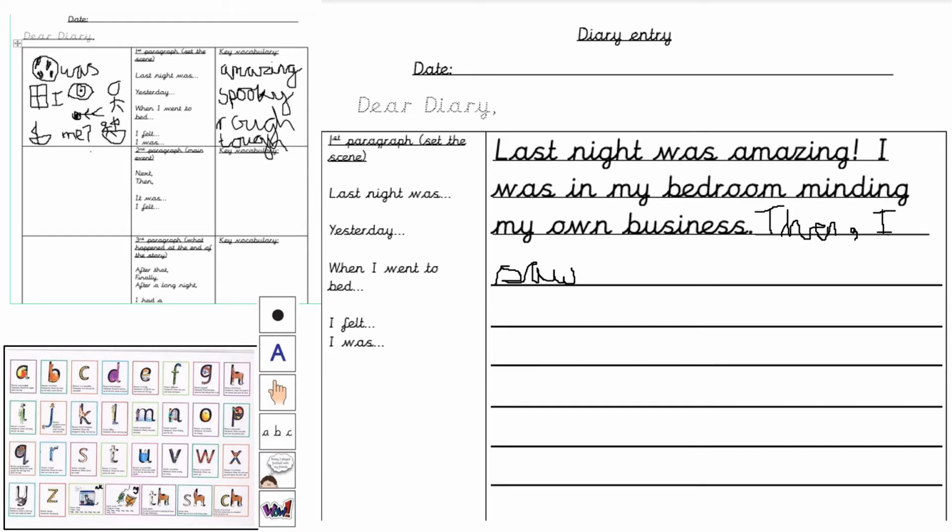something spooky. And if you look at my key vocabulary for my first paragraph, that word spooky is one of my key words, so I'm going to make sure I include that in my draft. Then I saw something spooky.